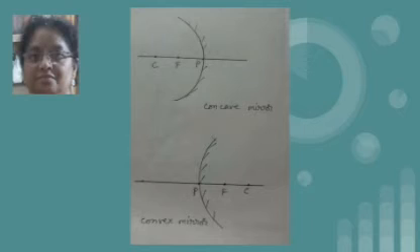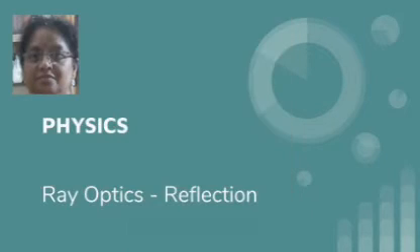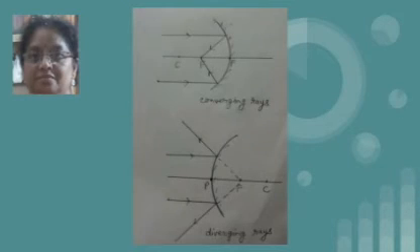We have clear idea about the pole, focus, center of curvature and the principal axis of the spherical mirror. We are also familiar with the Cartesian sign convention for measuring distances in image formation in spherical mirrors. We also know that when parallel beam of light is incident on a mirror, the reflected rays converge at its principal focus in case of concave mirror and appear to diverge from the principal focus in case of convex mirror.